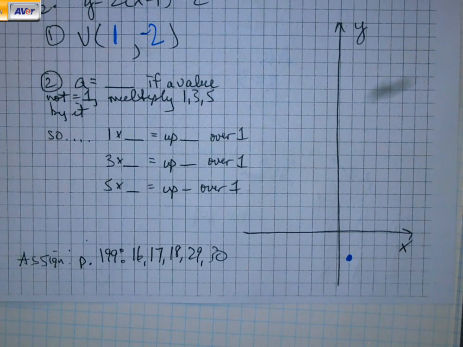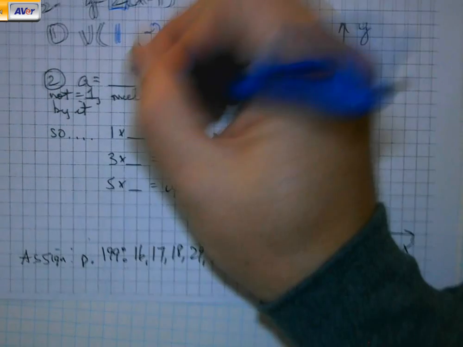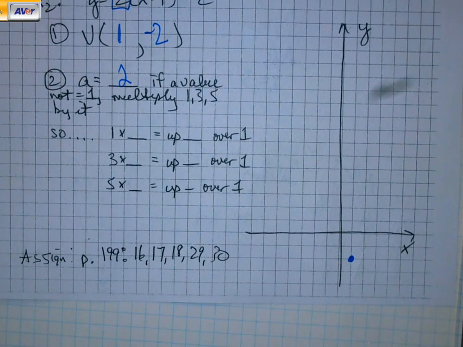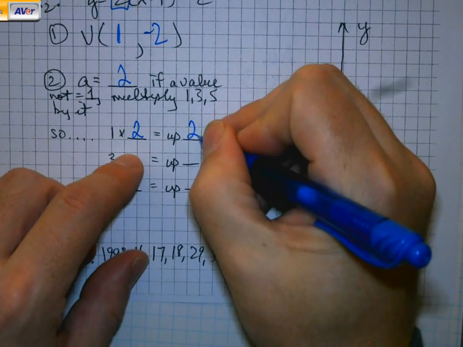1, negative 2. But this time I have an a value. There's a number in front of the parentheses. It's 2. Whenever your a value isn't 1, you're going to multiply your 1, 3, and 5 by it. So here, instead of going up 1, 1 times 2 is 2.